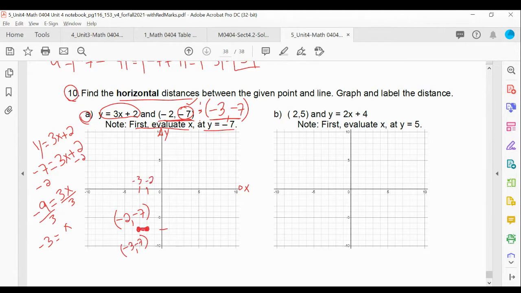What's the horizontal distance? That one's easy. If we see that visually, that distance is 1, right? You can show all that work. The point that is on this line is the point (-3, -7), so this one actually goes somewhere like this, right? And we're trying to find the horizontal distance between this point and the point that's on the line.